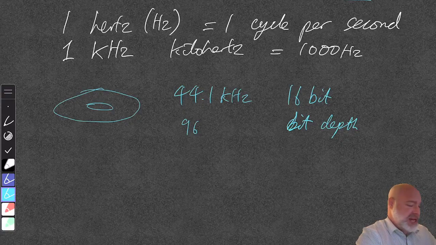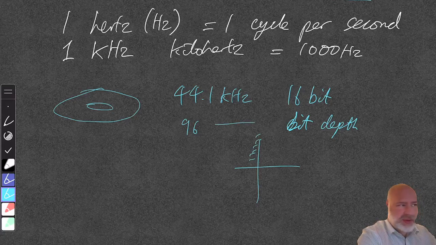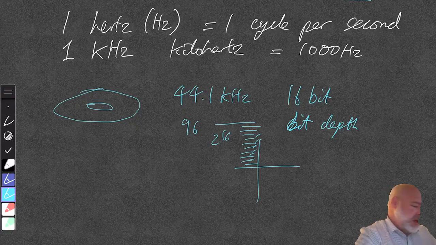But CDs would have up to 16 binary numbers, 2 to the power of 16, different heights of their amplitude that it could use, and that was adequate enough.